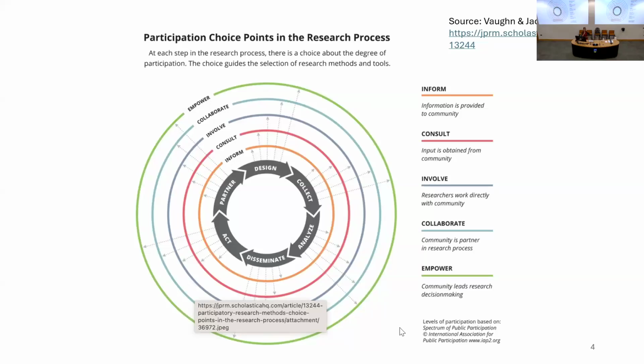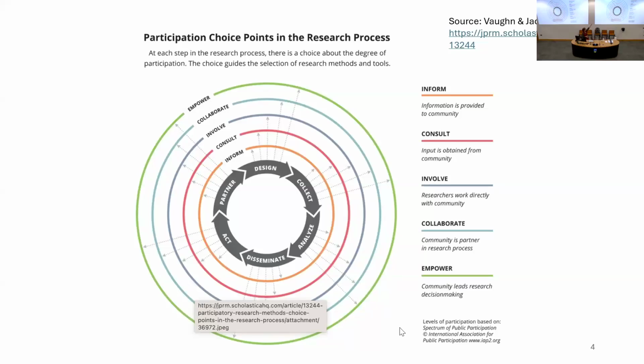So they talk about the phases of a project. That's the inner cycle. So you've got partnering, finding your partner in your research, designing your research, collecting your data, analyzing your data, disseminating your findings, and perhaps some kind of action. What they say is think about what level of participation can you really aspire to through that cycle.